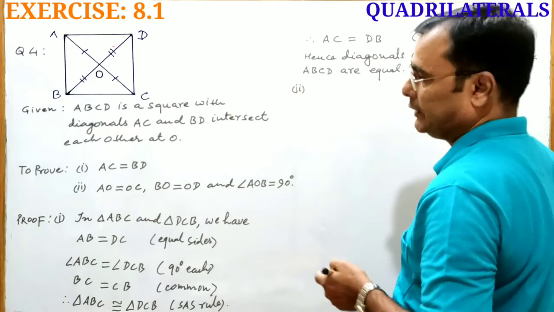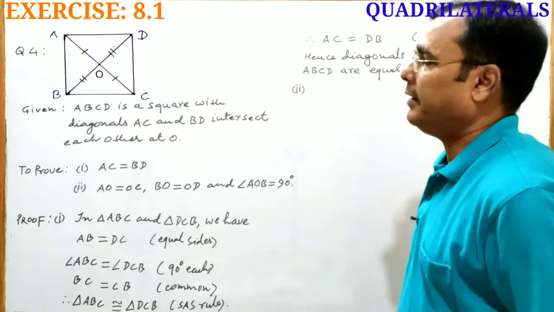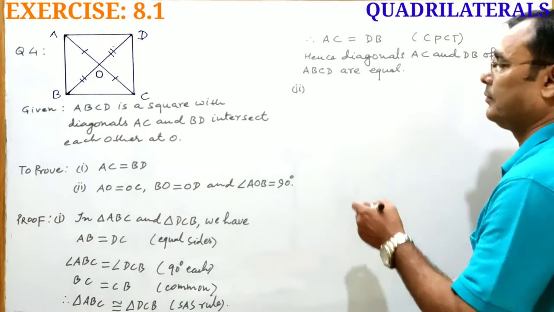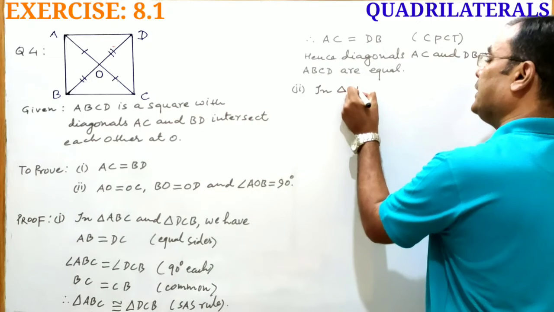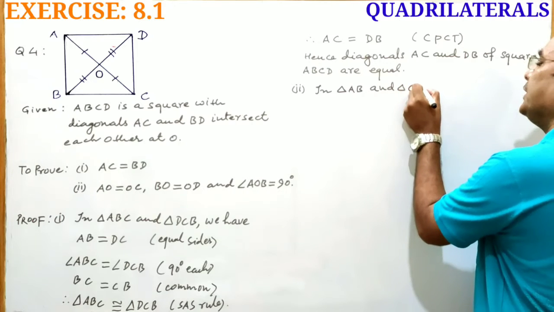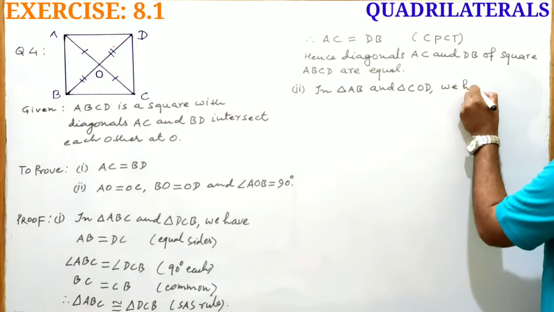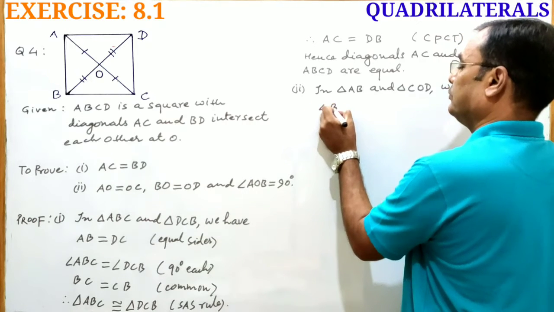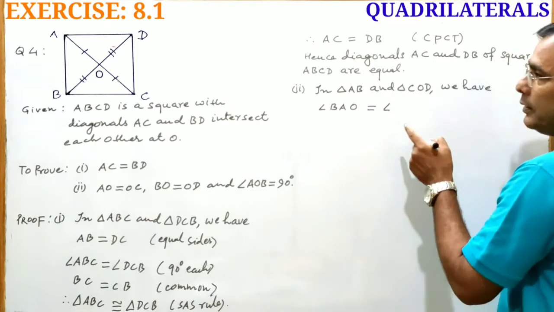Now second part. In second part we have to prove that diagonals AC and BD of square ABCD bisect each other at right angles. So in triangle AOB and triangle COD we have angle BAO is equal to angle DCO.